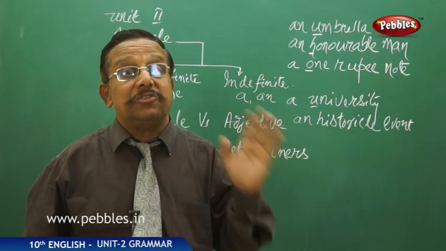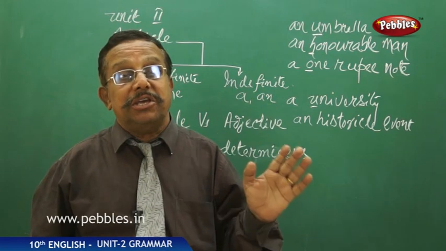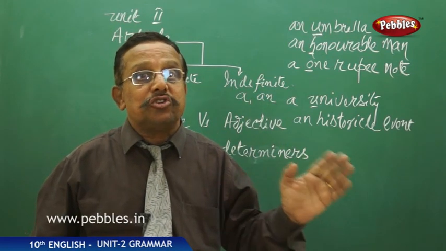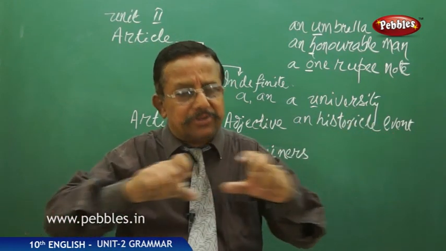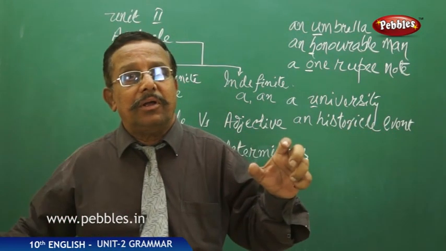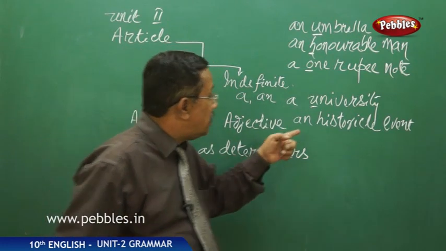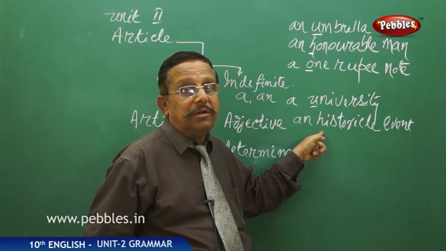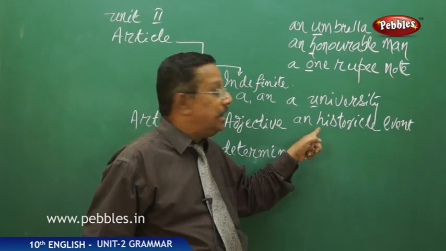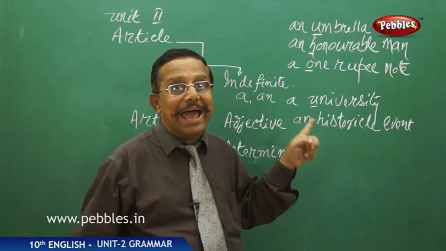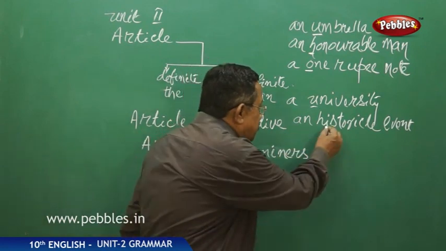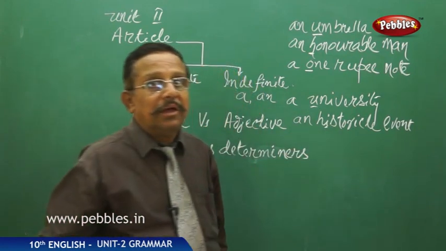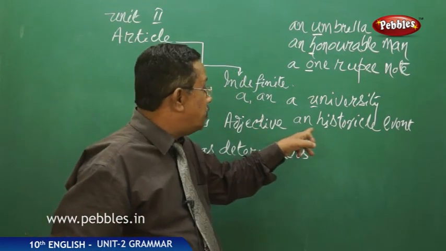The swearing in ceremony of KCR is an historical event. You see, there is no stoppage in a complete sentence, it comes just like a flow. But here it is an H consonant. But even then, it is being pronounced as E. That means the next letter sounding we are taking. That is a vowelic sound, and so an comes here.